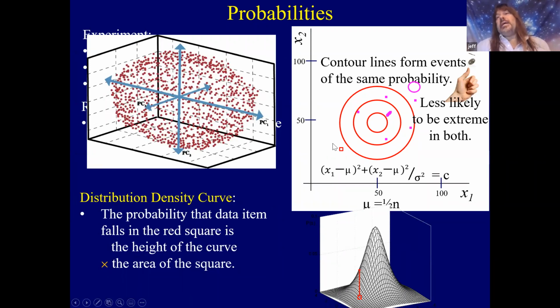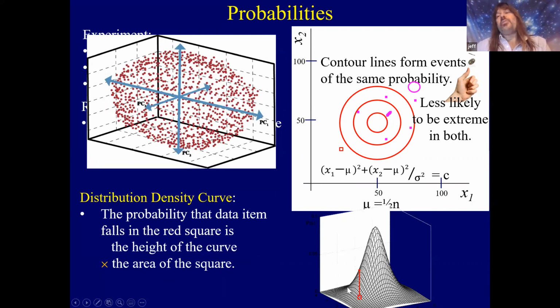Well, here's a little square, and I ask, what's the probability that when I do an experiment, I fall right in that square? I have this many heads the first time and this many heads the second time. Clearly, the bigger the square, the bigger the probability I fall in it. And the height here somehow represents the probability.